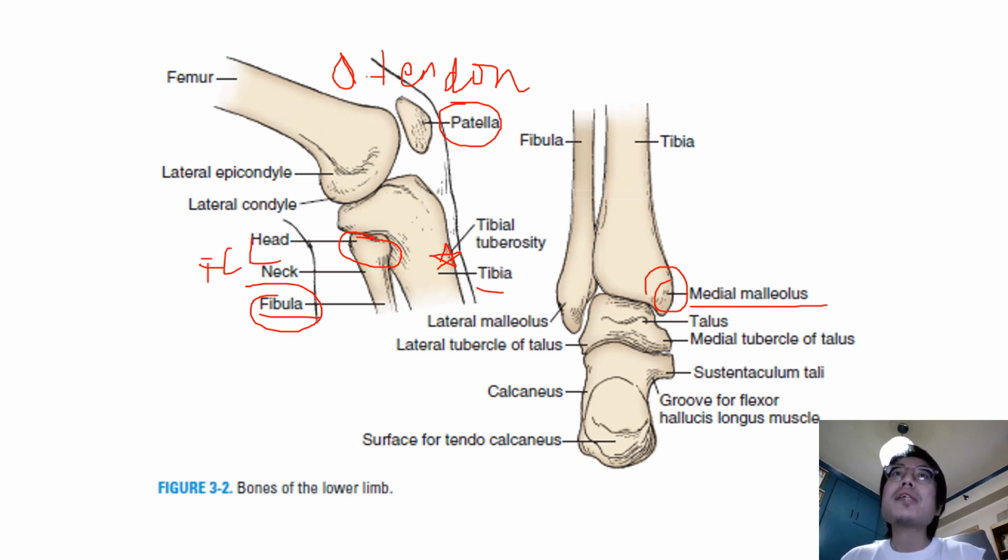It also has a projection inferiorly called the lateral malleolus, the lateral malleolus of the fibula, which serves as the attachment for the anterior talofibular, posterior talofibular, and the calcaneofibular ligaments.